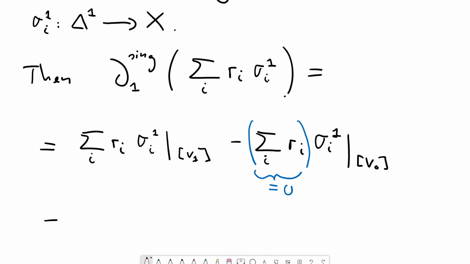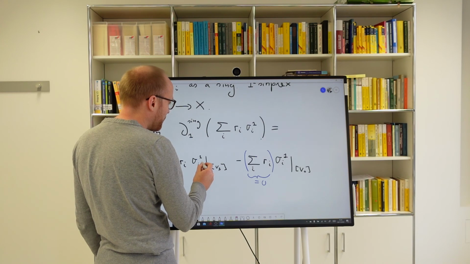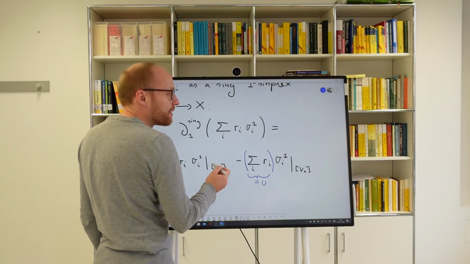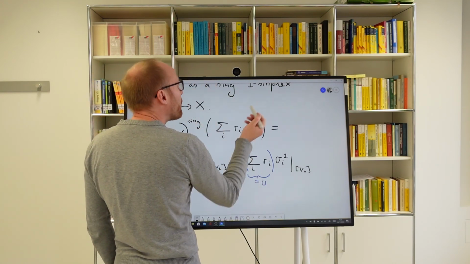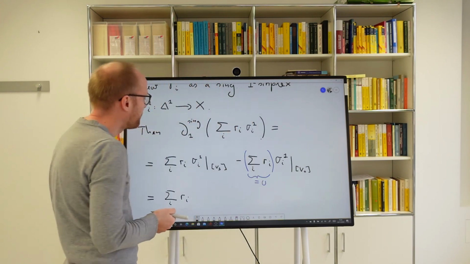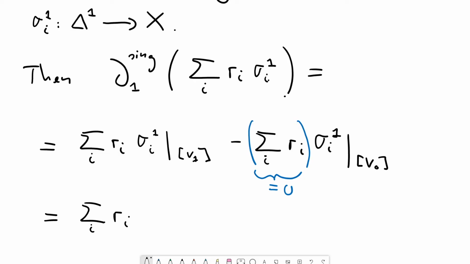And this one, what do we got there? There we got this one simplex sigma i1 restricted to v1. So after identifying the simplex back to the path, this is the endpoint of that path. And this was precisely the given point of the ith singular zero simplex of the chain we started with. So long story short, this is just sigma i0.